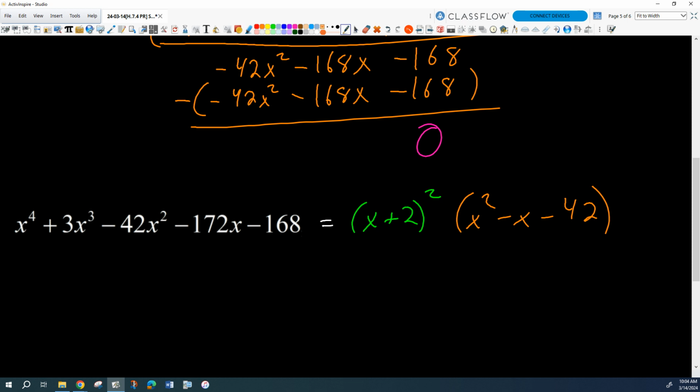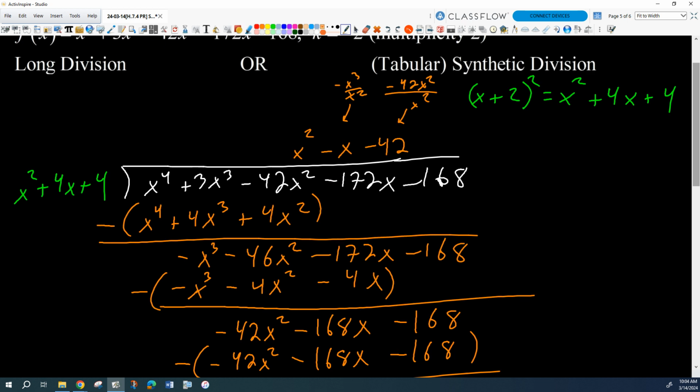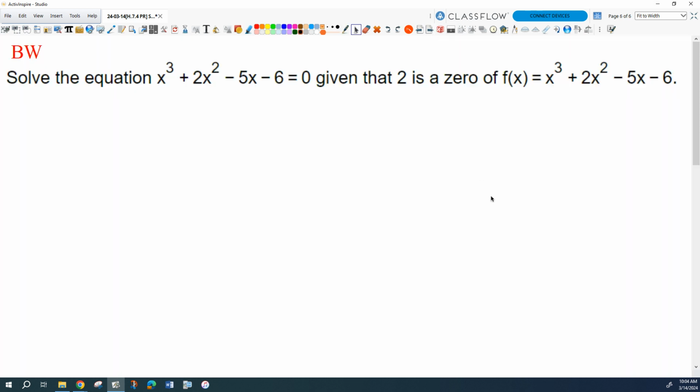Make sense? So you could go either way. That's probably not the preferred way of doing it. The only advantage is that you only had to divide once, but synthetic was easier. All right, why don't you guys try one of these on the boards, and then I'll turn you loose. Try that one, go.